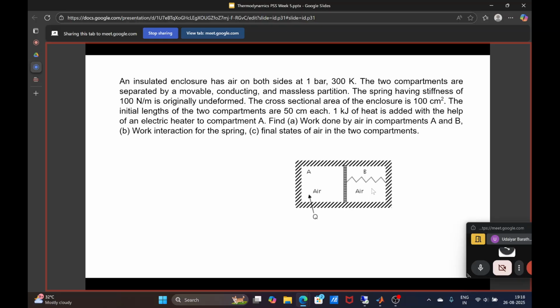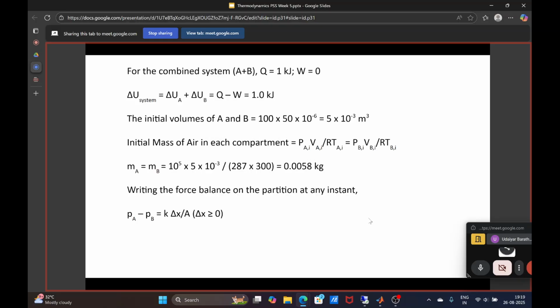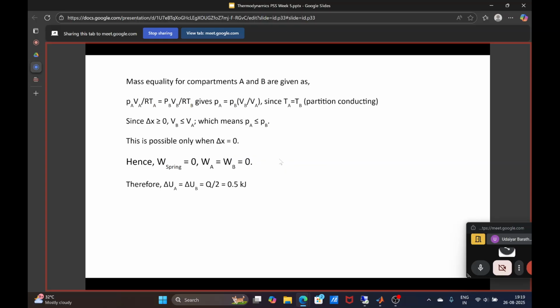From the left we have the pressure exerted by the air in compartment B plus the force exerted by the spring, which is K into delta X, where we assume the compression of the spring to be delta X. The pressure force is P into the cross-sectional area. Rearranging, PA minus PB equals K into delta X by area. That's the force balance.